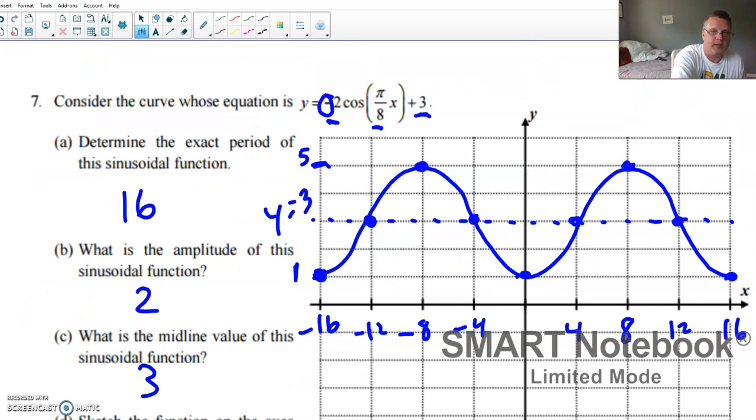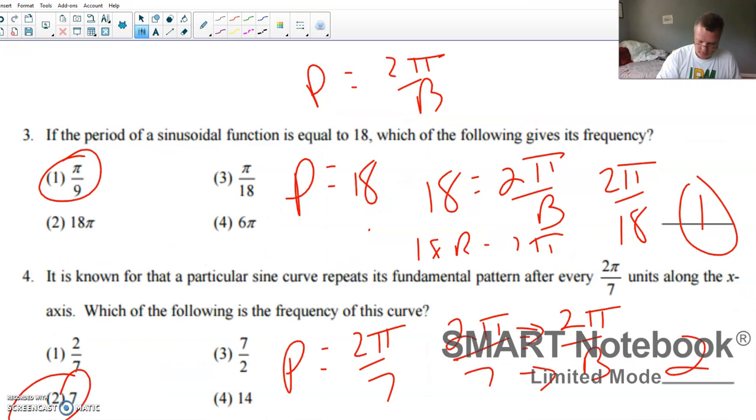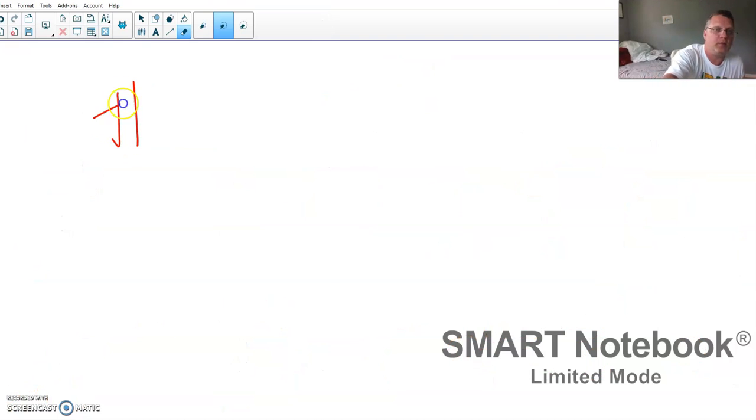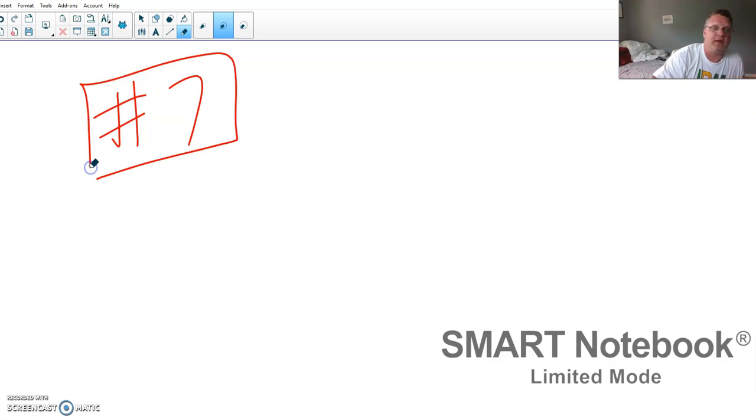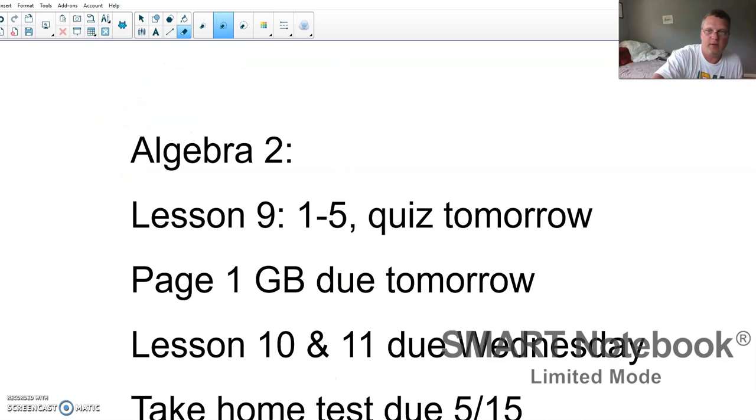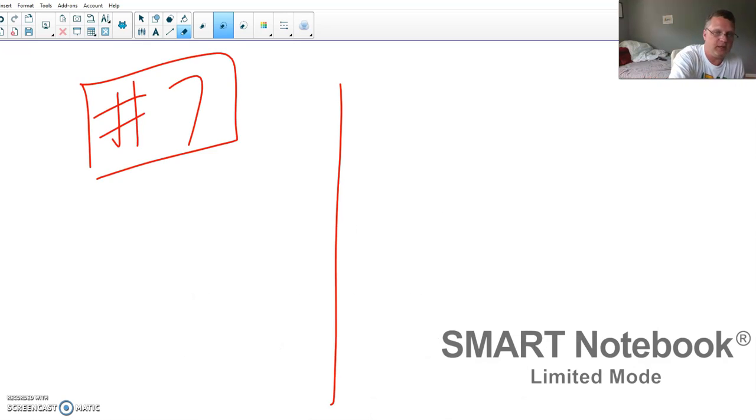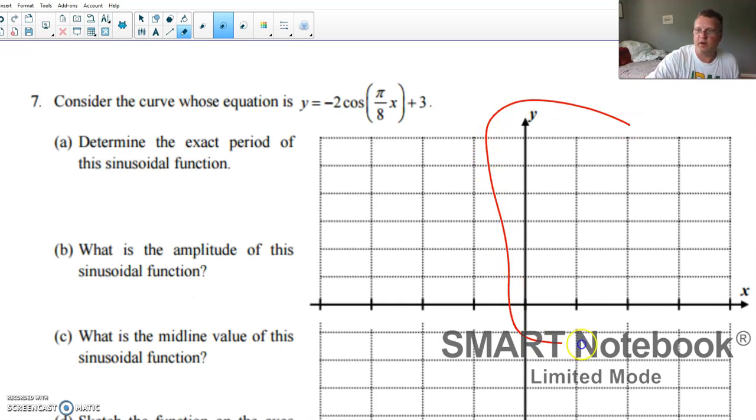Now, to hand in. I want you to hand in number 7. I'm going to show you, I just want to see this part of it right here. You don't have to show me to the left of the y axis. You know this.